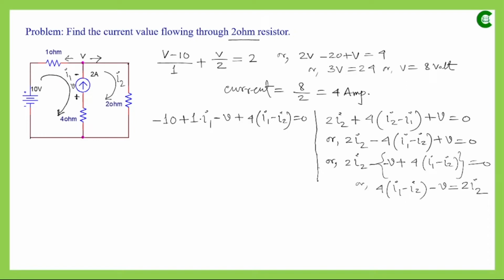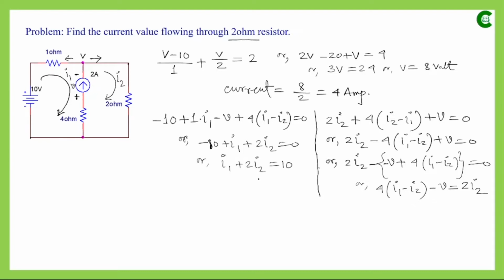So this value 4 into I1 minus I2 minus V, which is equal to 2I2, if we replace in this equation, then it will be minus 10 plus I1, and then we can easily write here 2I2, which is equal to 0. So it will be I1 plus 2I2, and that will be equal to 10. So this is our equation that we are getting by assuming a voltage drop across this current source.